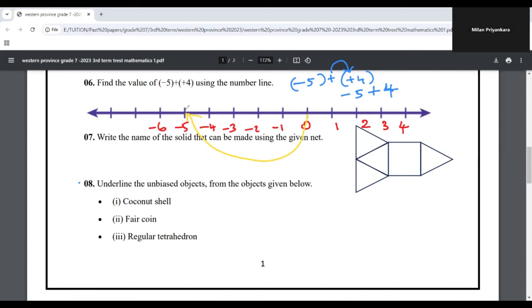Plus 4 means go to the right side. 1, 2, 3, 4. You have to go 4 turns, right? And then you are going to stop at minus 1. Then the answer is going to be minus 1, right? Actually you have to use this method because they have told you to use the number line. Fine.